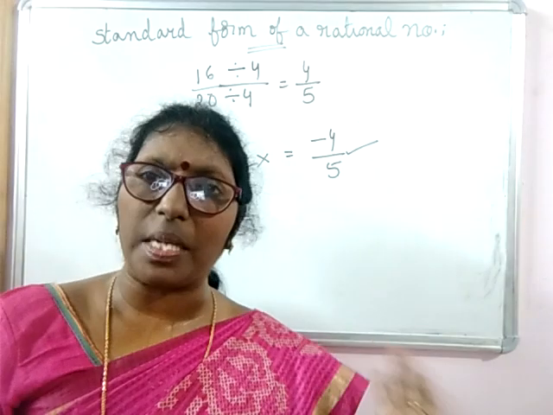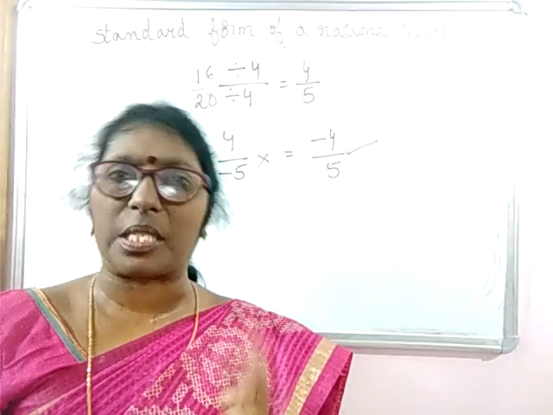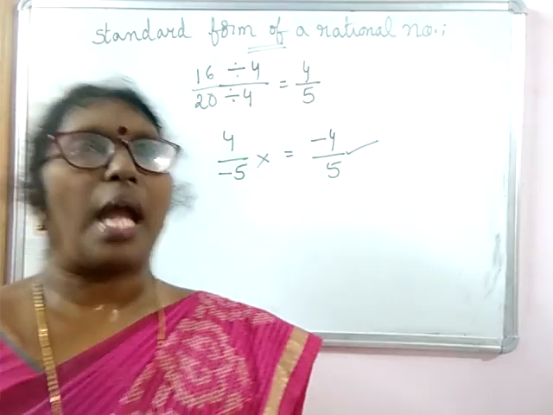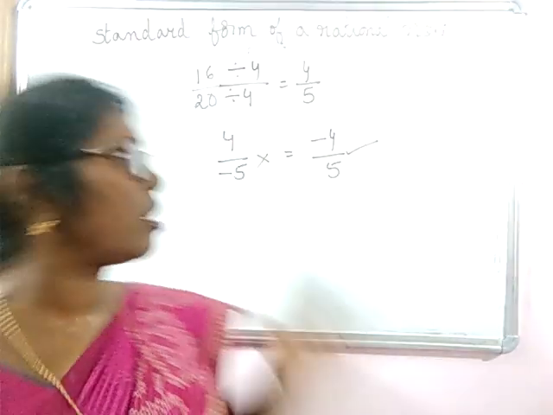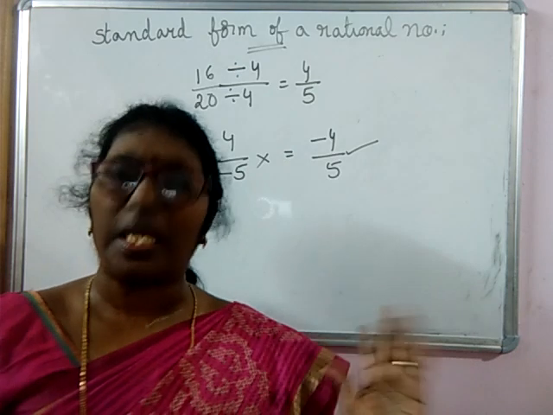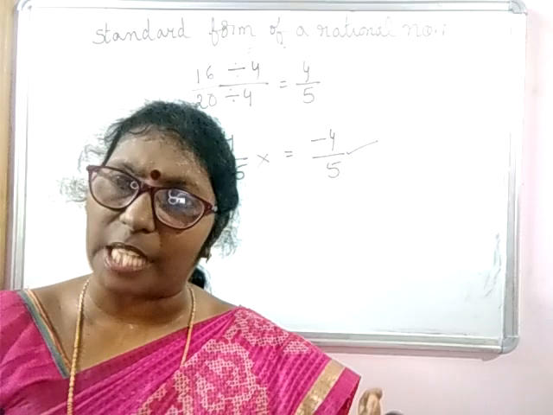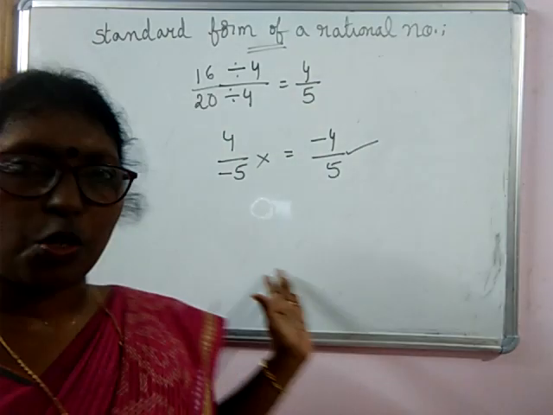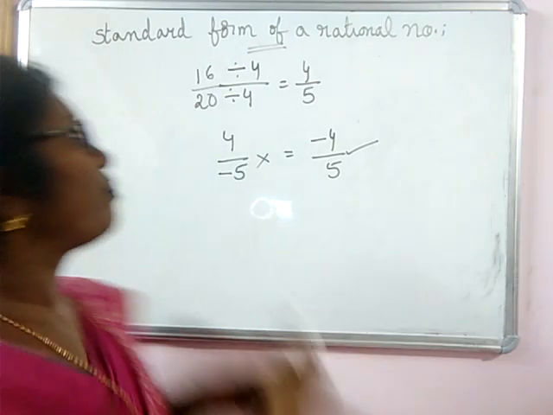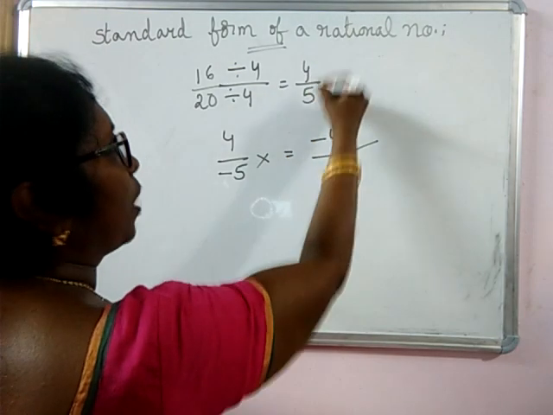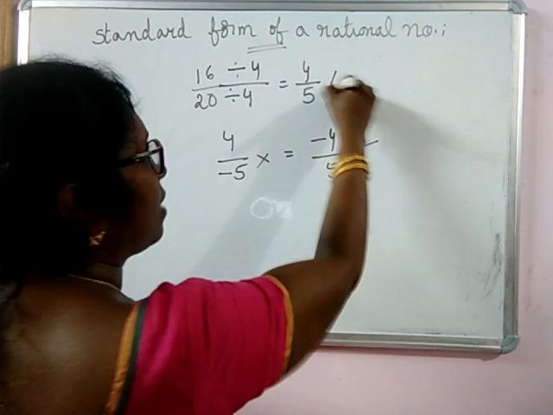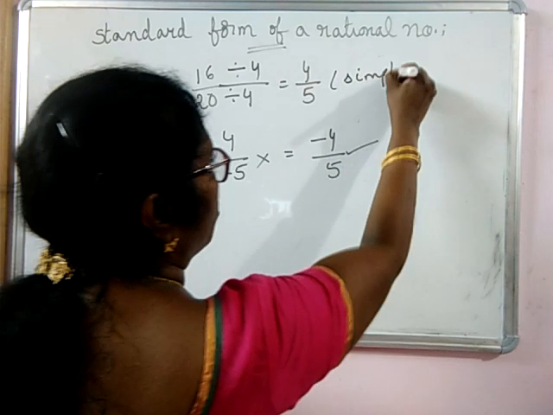I believe you understood what are rational numbers. There are two types, terminating and recurring. And what are irrational numbers, you understood? Please try to make the concept clear. And what is the standard form of a rational number? Standard form means 4 by 5 is standard form because we cannot simplify. It is in simplest form.